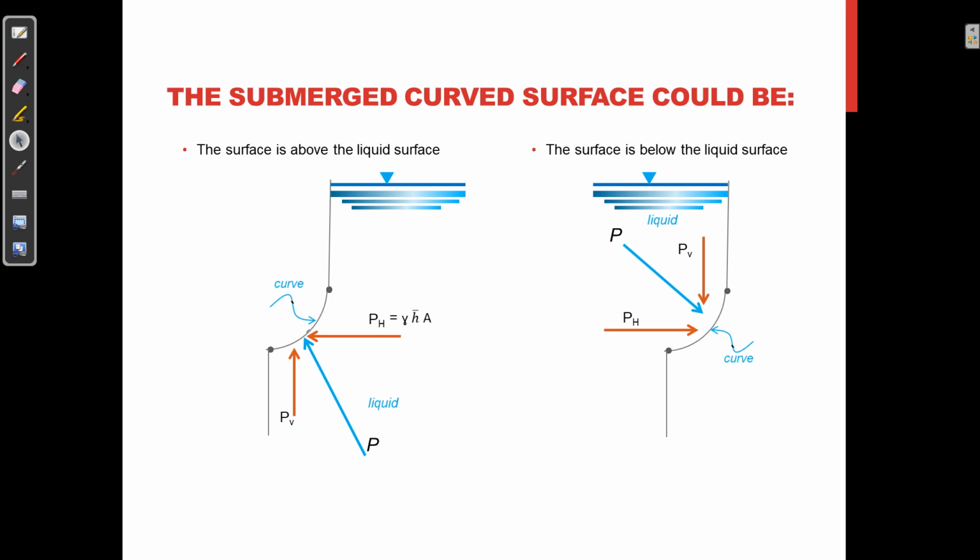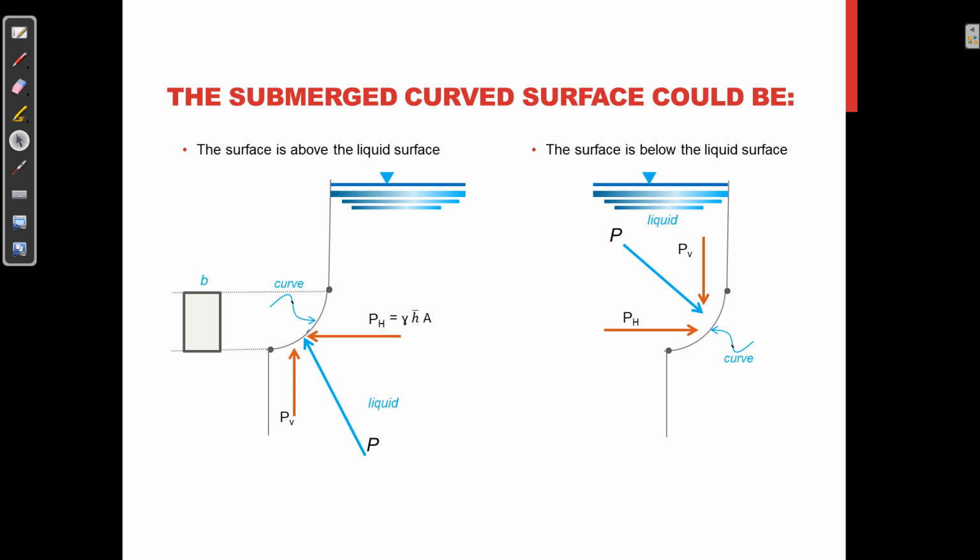Now the horizontal component is given by the formula gamma h bar A, as usual, wherein our method is just to project the horizontal projection of your curved surface. So therefore, no matter what is the shape of your curve, we will have a rectangular portion for the horizontal component to work in.